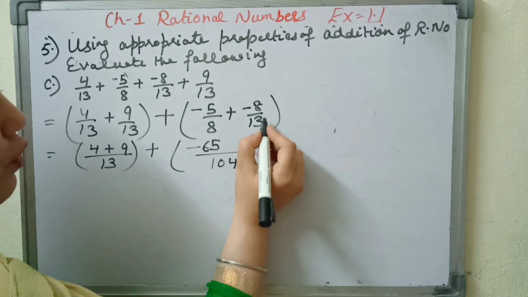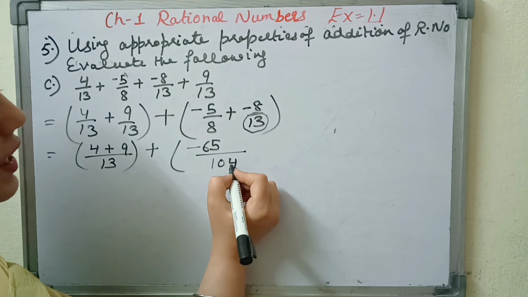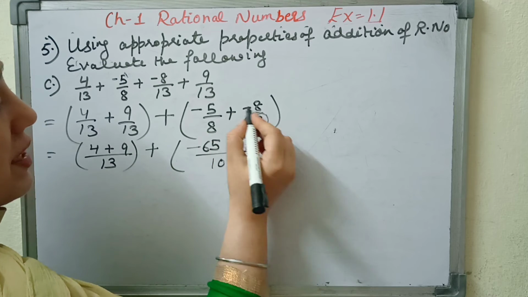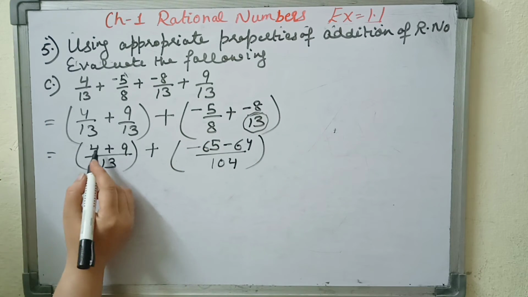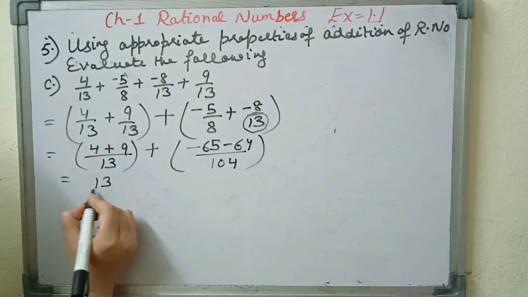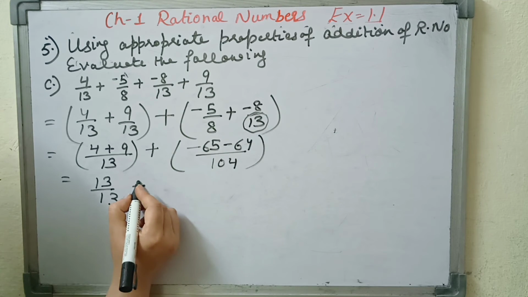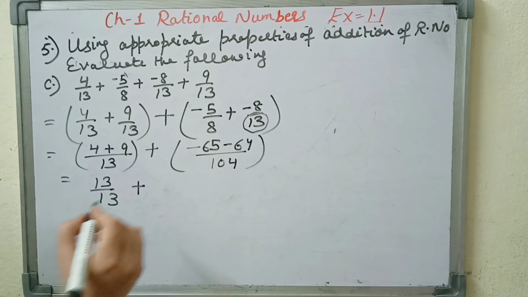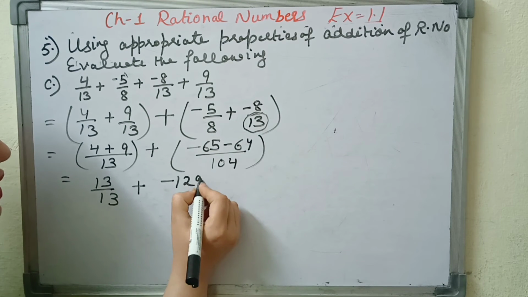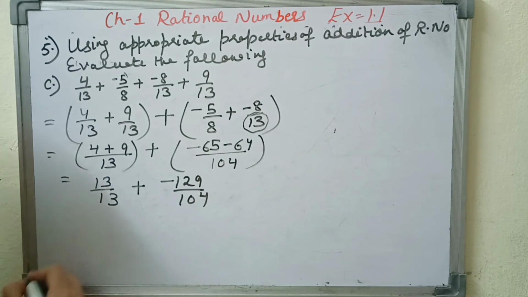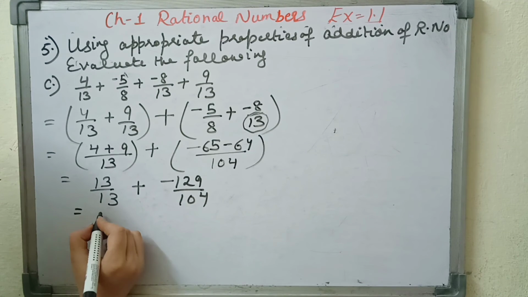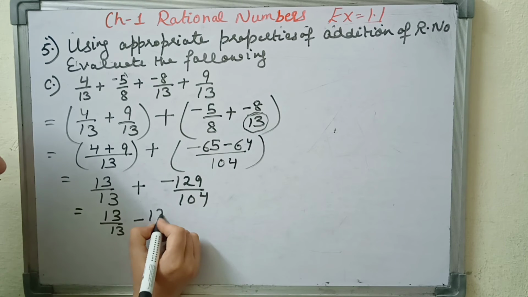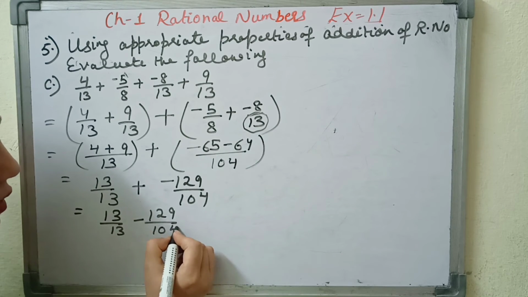Again, 104 divided by 13 is 8, and 8 times 8 is minus 64. Plus minus is minus. 9 plus 4 is 13 over 13. Plus minus minus is plus. 65 and 64, it is minus 129 over 104. Now again plus minus is minus, so 13 over 13 minus 129 over 104.